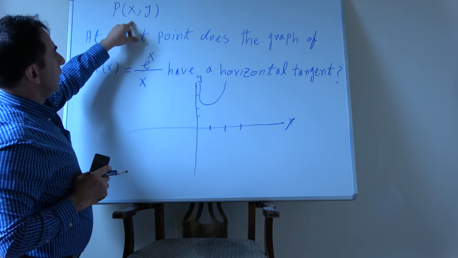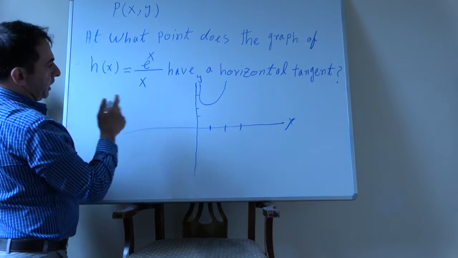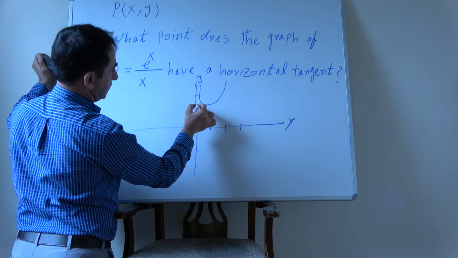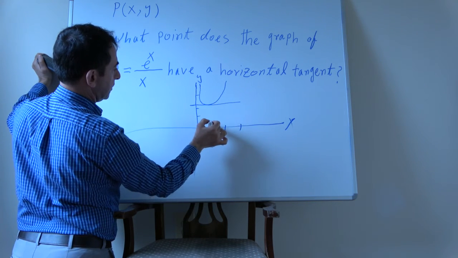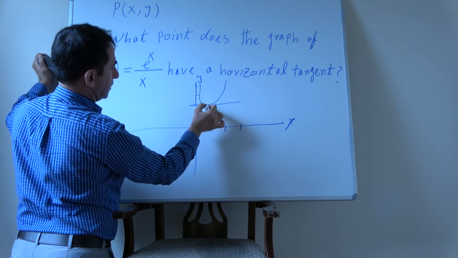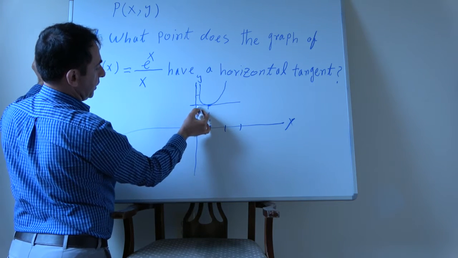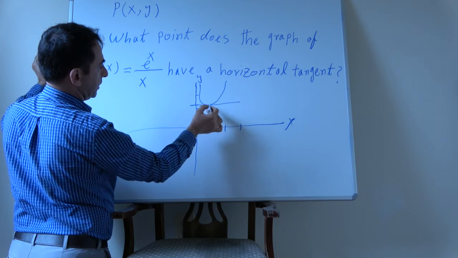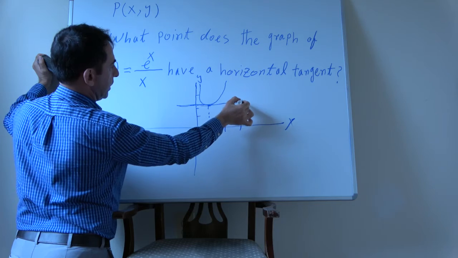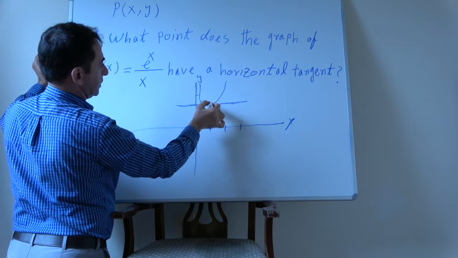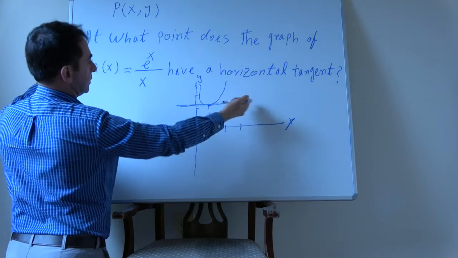The point is almost here, it's 1 and 2 point something. This is a horizontal line, and the slope of a horizontal line is 0.